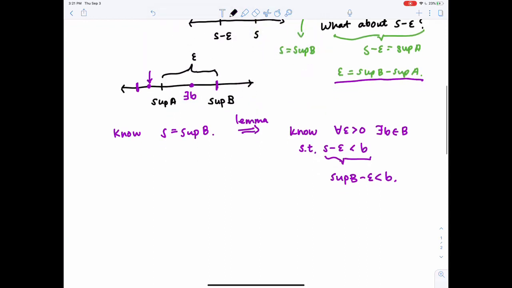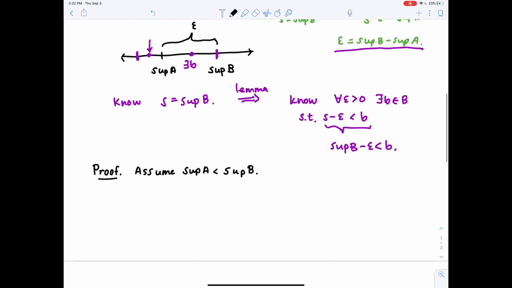So I'm going to start writing up the proof for this, because technically we already have everything we need. So the assumption here is that sup A is strictly less than sup B. Now, remember what we said our whole argument hinged on. It was applying the lemma, and in particular we were going to use it on sup B. So let's introduce what we know there.